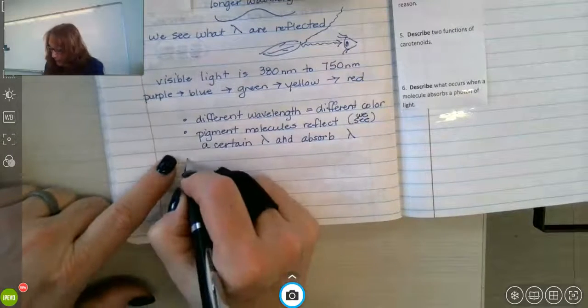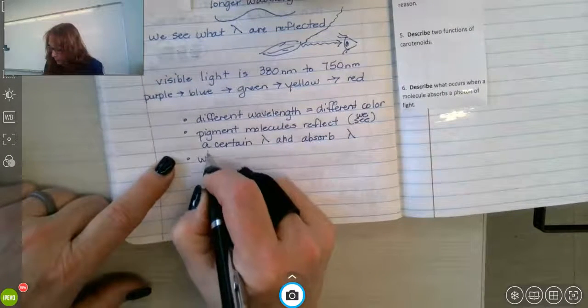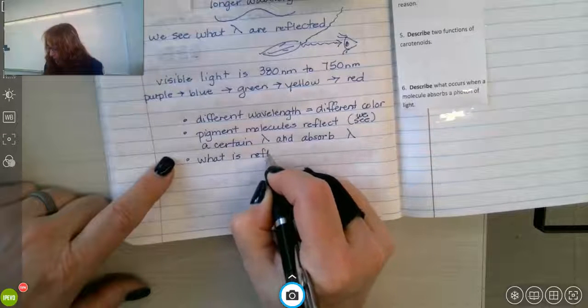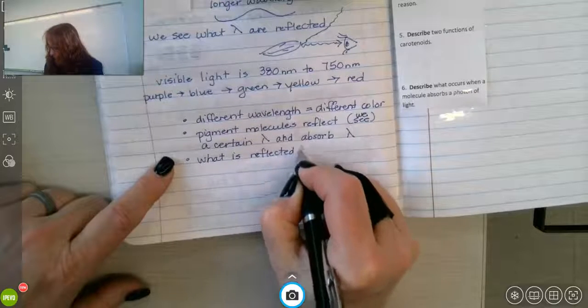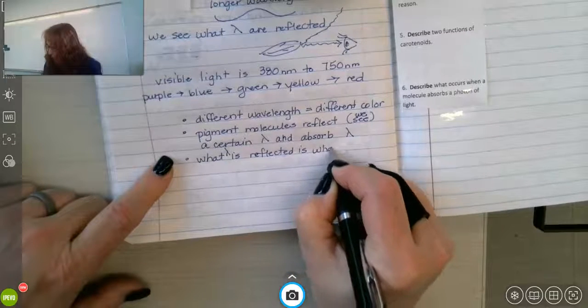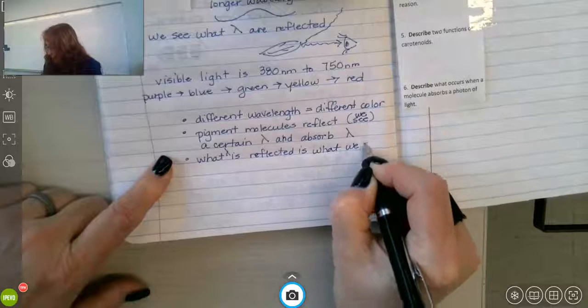So we're going to make the statement again. What is reflected, and this is what wavelength is reflected, is what we see.